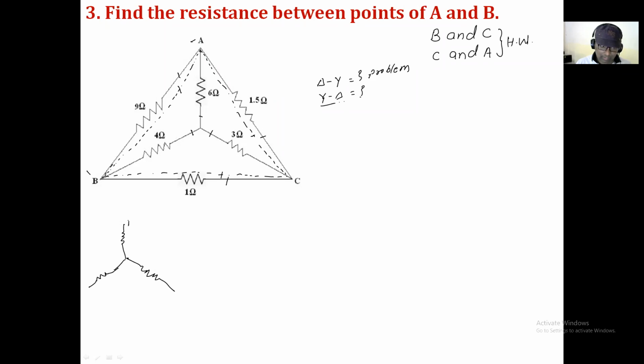So here I say that this is point A, this is B, this is C, this resistance is 6 ohm, this is 4 ohm, and this is 3 ohm. And then the dotted portion, it means the delta, looks the same way. Let me try to draw the delta here.